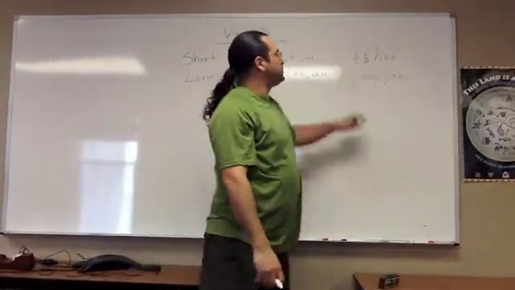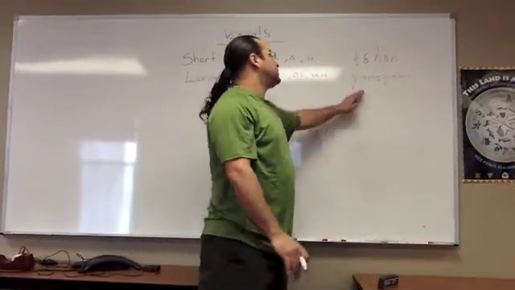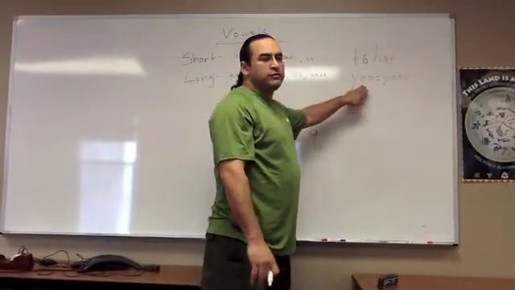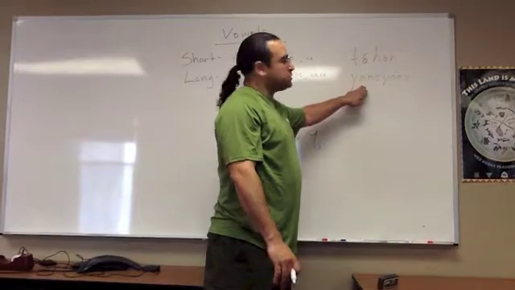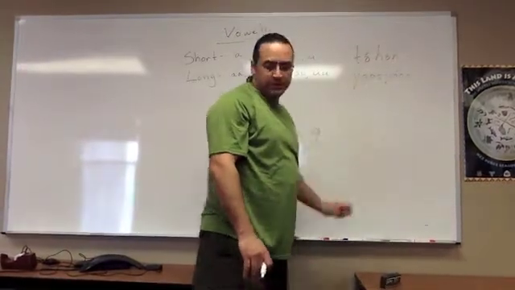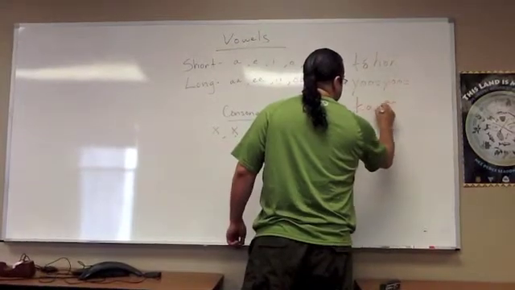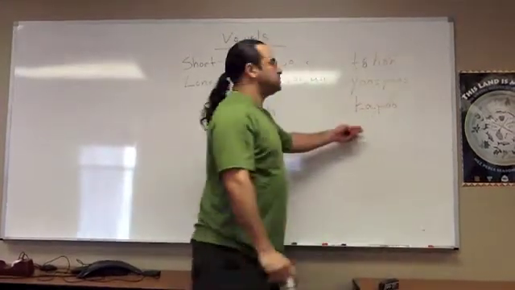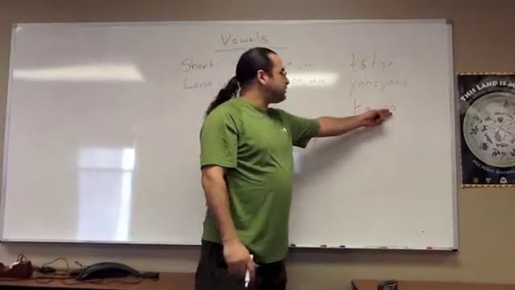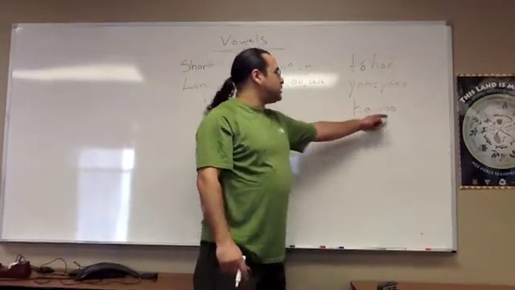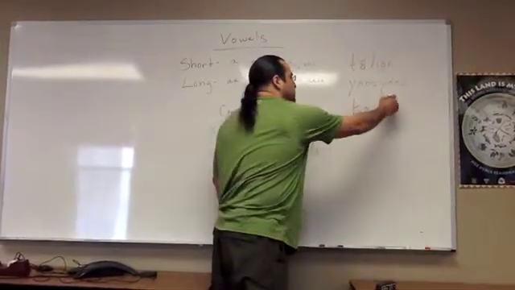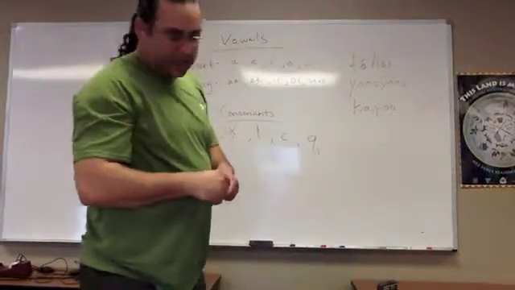So tohon, it's a quick O sound. And then the long O's we have yos. So you just got to draw it out a little bit longer. There's also kapo. So here's the short A, and then we have the long O.